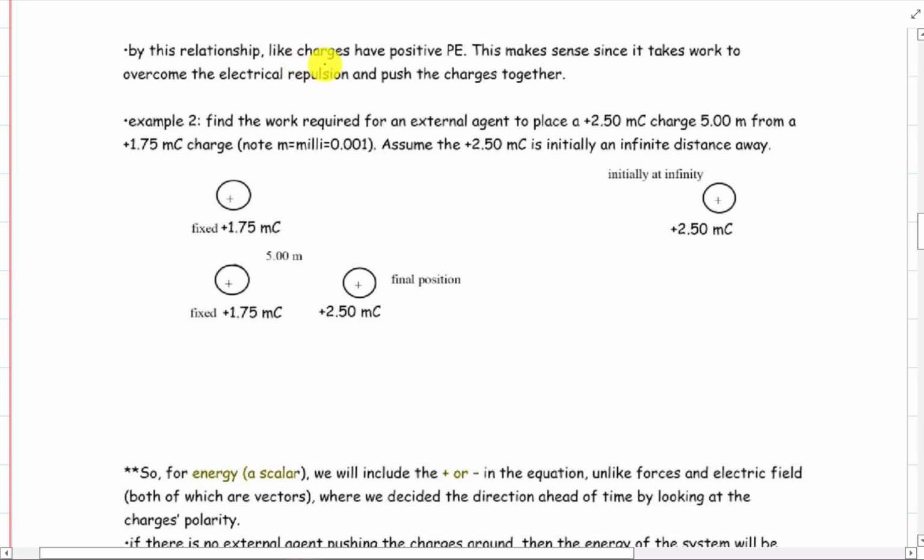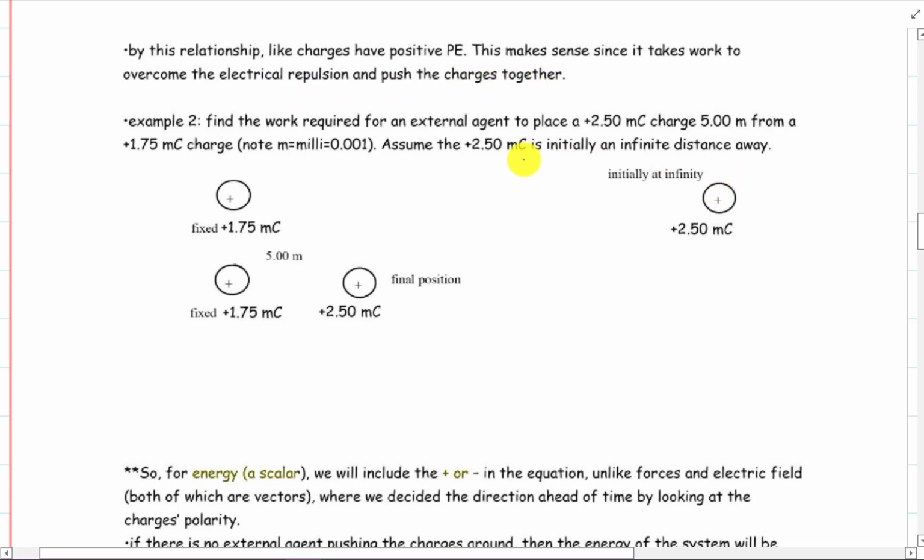So when we have like charges, it becomes a positive potential energy because it takes work to overcome the electric repulsion and push the charges together.